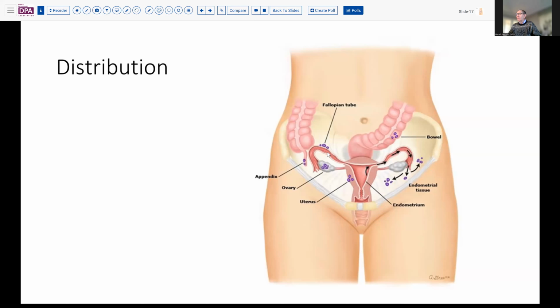More commonly, however, the fallopian tube or ovarian serosa surfaces can be involved, sometimes the surface of the uterus, very often the peritoneal surfaces surrounding the uterus, the cul-de-sac, anteriorly or posteriorly, the uterosacral ligaments, and these other pelvic tissues. But in addition to these, occasionally other sites will be involved as well.